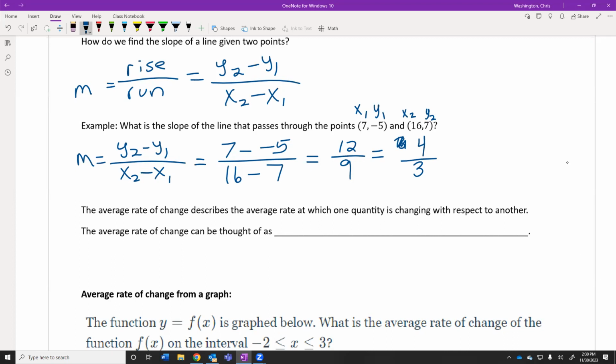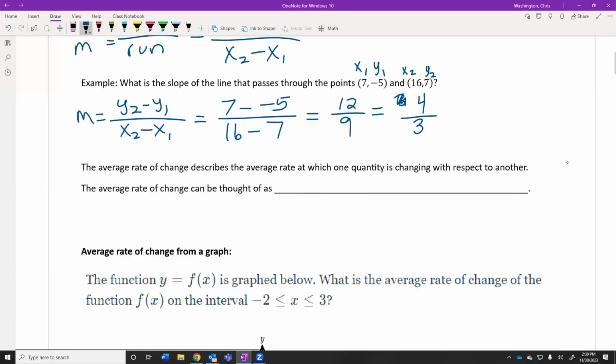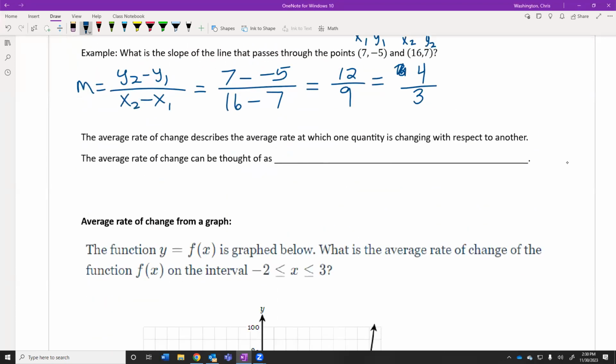All right, so while we're not doing slope, we're doing what we call the average rate of change. And what is the average rate of change? The average rate of change describes the rate at which one quantity is changing with respect to another. So let's talk about snow. Maybe it snowed 2 inches the first hour, and it snowed 6 inches the second hour.